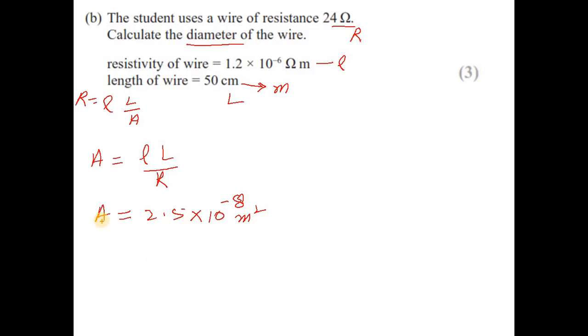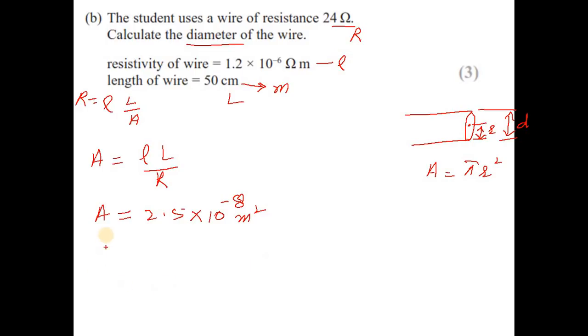And you know that area is the area of cross section, and you need to find the diameter. So if you have a wire, this is the radius and this is the diameter. You know that area is pi r square. You can use this to figure out the radius, and double the radius to find the diameter.